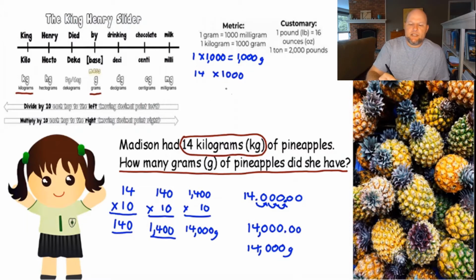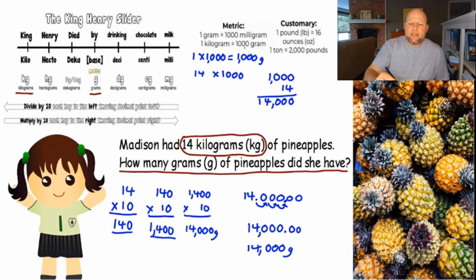Now it's easier to put the larger number on top, so we'll go ahead and do that. 1,000 times 14. So we're going to go ahead and bring these zeros straight down, and then that's where our comma will be. Then we have 4 times 1 equals 4, and 1 times 1 equals 1.